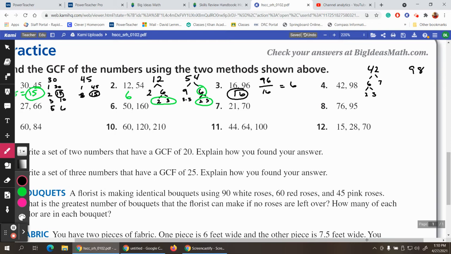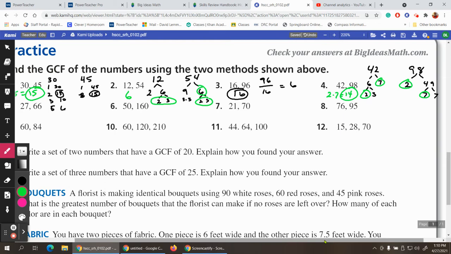I'm trying to find a number that goes into 98. Let's try 2. It's a weird one, so this is 2 and 49, which means this is 7 and 7. So prime factoring, what do they share? They share a 2 and a 7. 2 times 7 is 14. So my answer is 14.